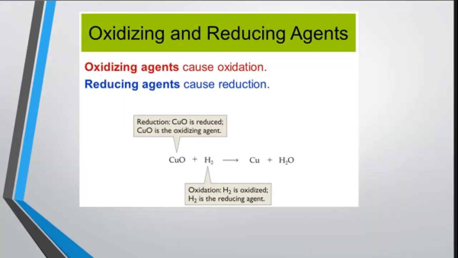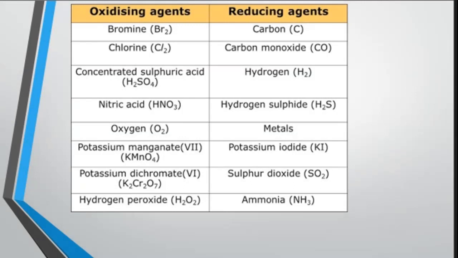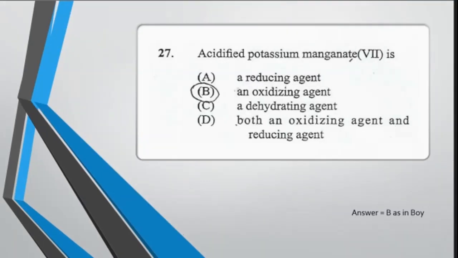An oxidizing agent causes oxidation, while a reducing agent causes reduction. A list of examples of oxidizing agents and reducing agents has been provided for you. Acidified potassium manganate is an oxidizing agent, just so you know. So the answer is B as in boy.